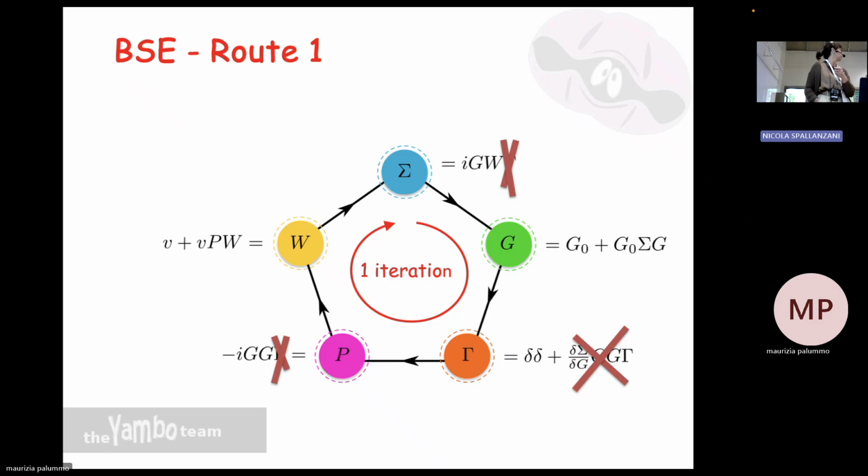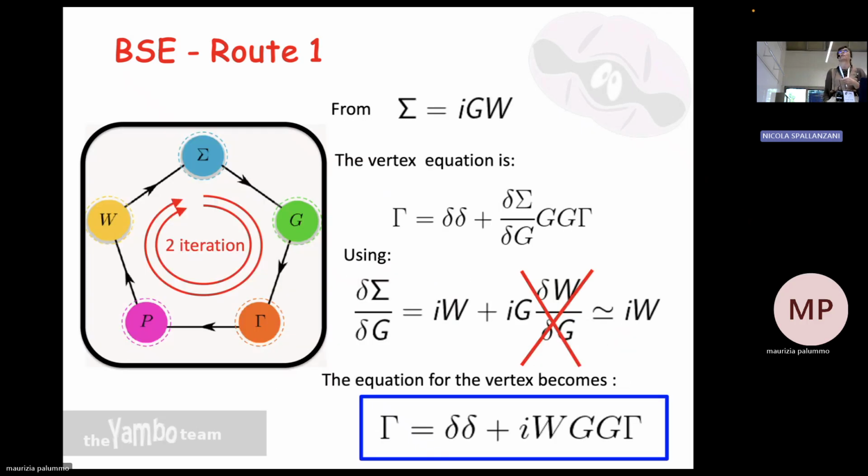and we obtain GW. So what we can do is do a second iteration and try to see what we can obtain for the P at the second iteration. If we do this, we continue, we assume that sigma, the self-energy, is GW. Then we obtain that gamma is this equation, and then we can calculate the functional derivative of the self-energy.